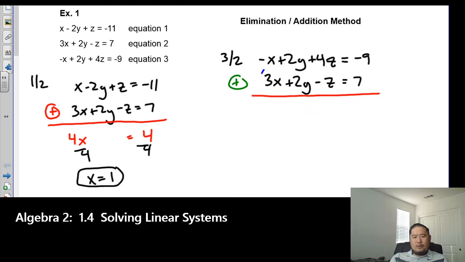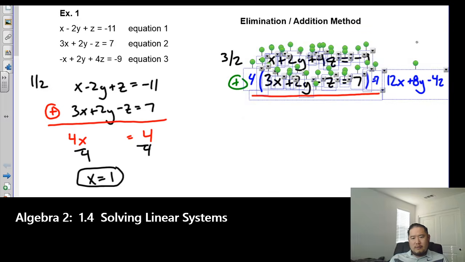So in order for this to work, I need to take this bottom equation and multiply everything by 4. Let me rewrite things now. 4 times 3x is 12x, plus 8y, minus 4z.